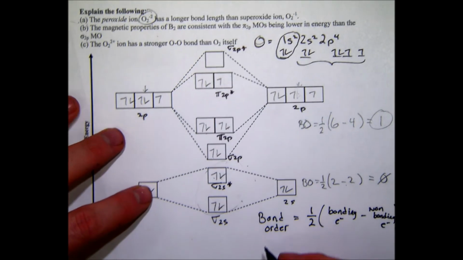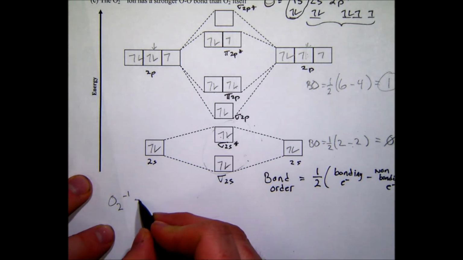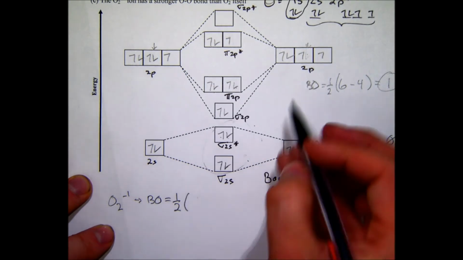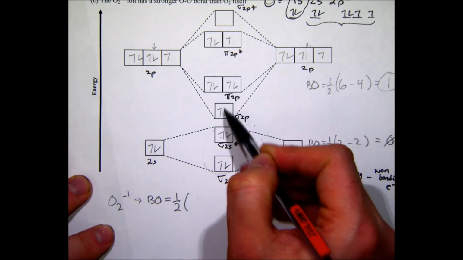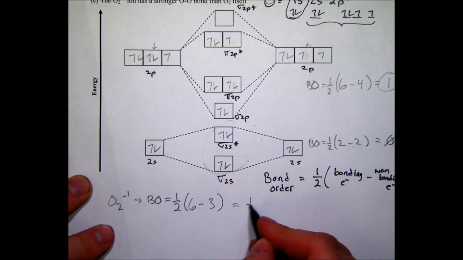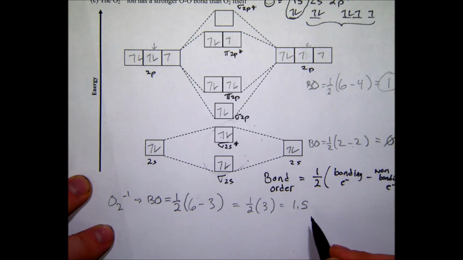So now, looking at O2 minus 1, the bond order is equal to 1/2 the number of bonding electrons, 2, 4, 6, take away 3, equals 1/2 of 3, equals 1.5.